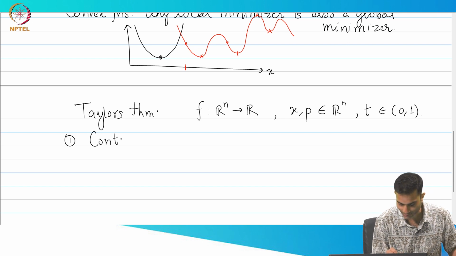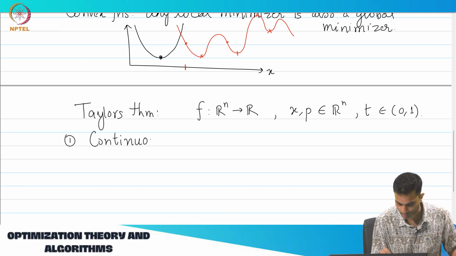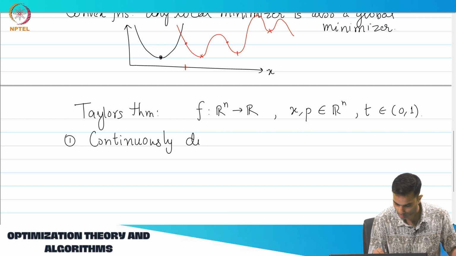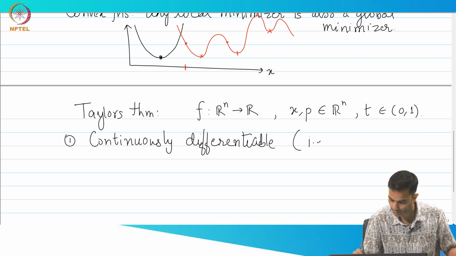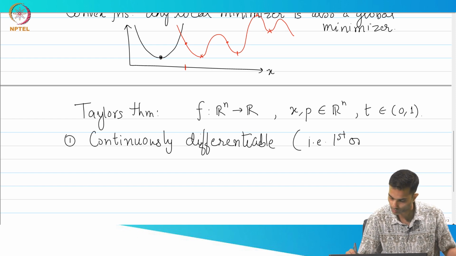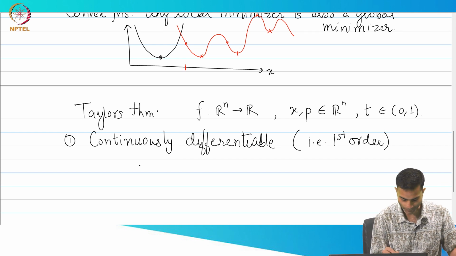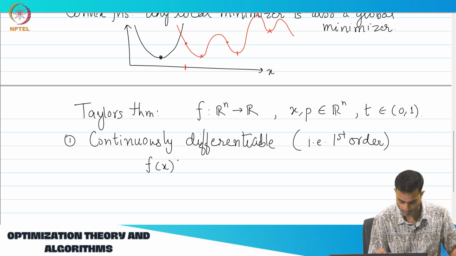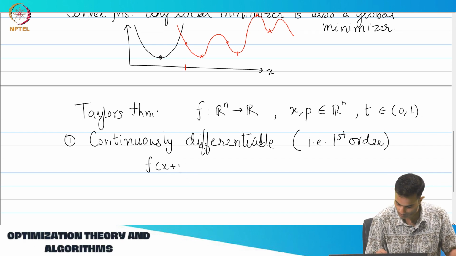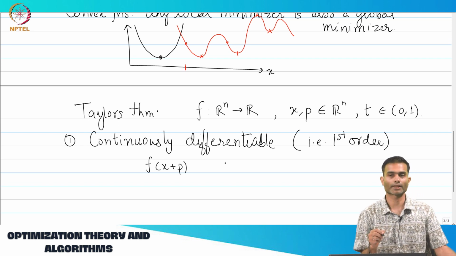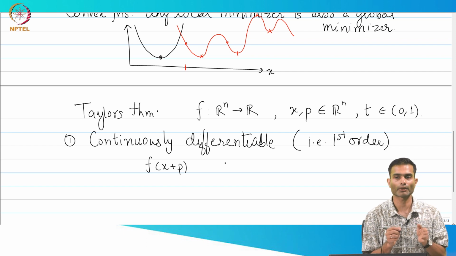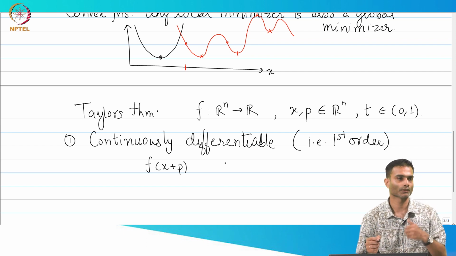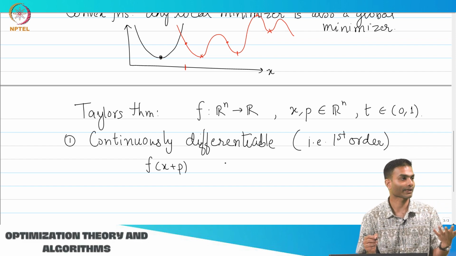So first, let's say continuously differentiable, i.e. I'm going to call this first order. Taylor's theorem is going to help me write down the value of the function at a point x plus p in terms of f of x and grad f.